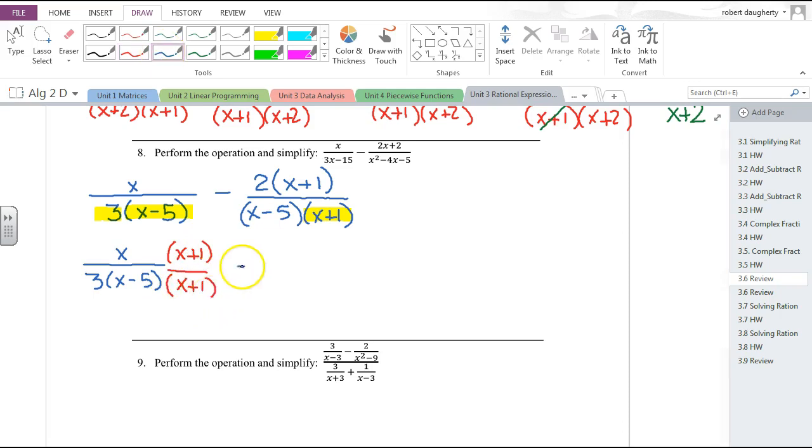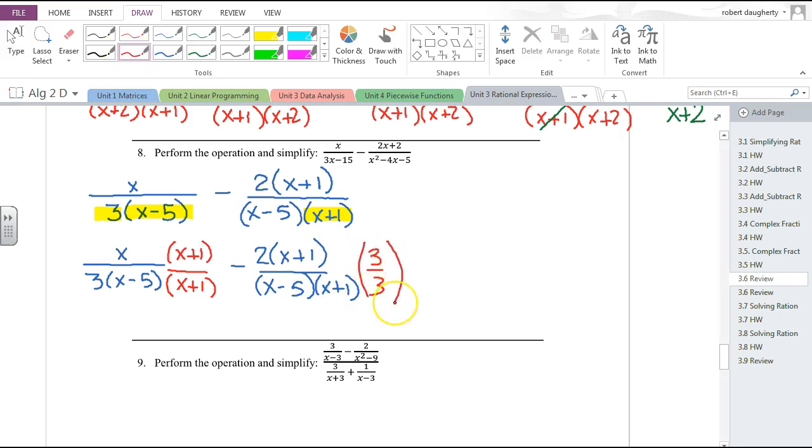And then subtract (2x plus 1) over (x minus 5)(x plus 1). This will need to be multiplied by 3 over 3. That will give me the common denominator of 3(x minus 5)(x plus 1).